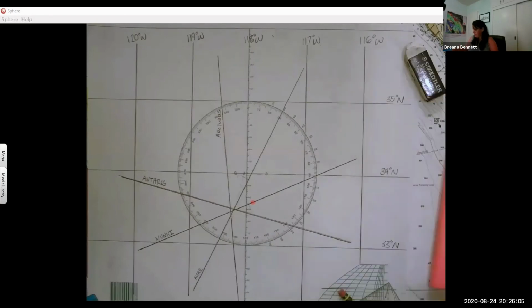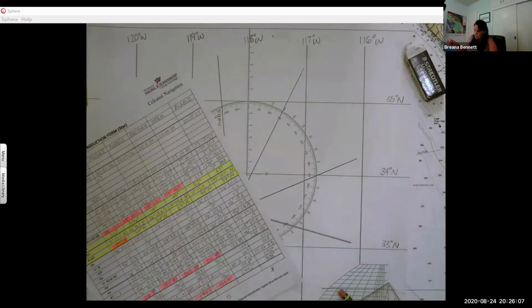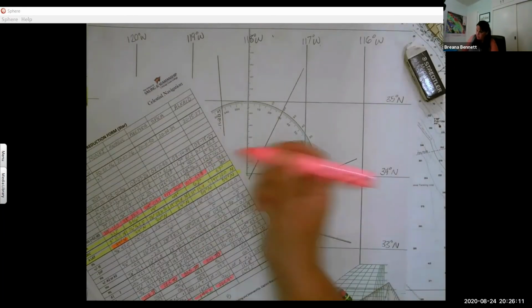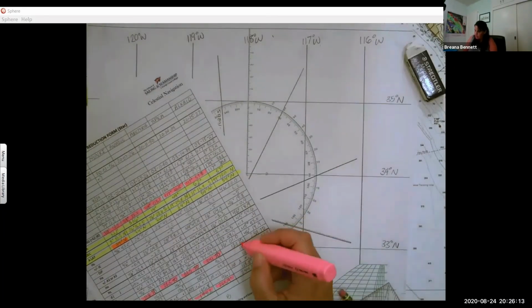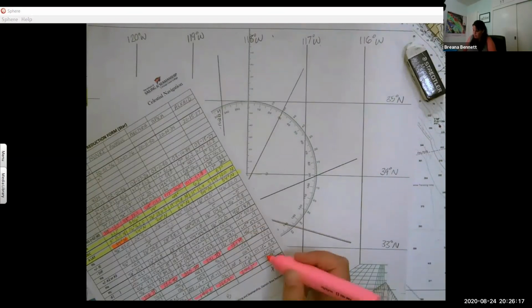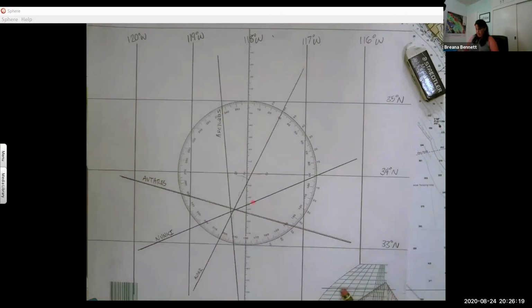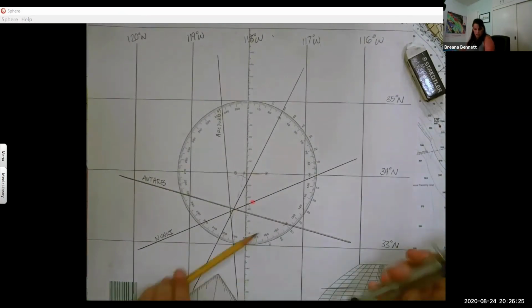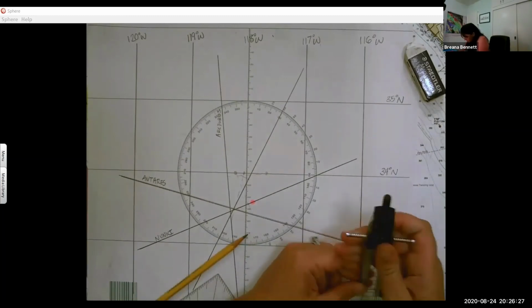All right. Next one, we got 57.8 for our longitude, 12 and 44. Okay, so 57.8.